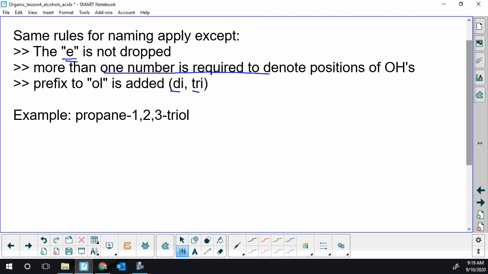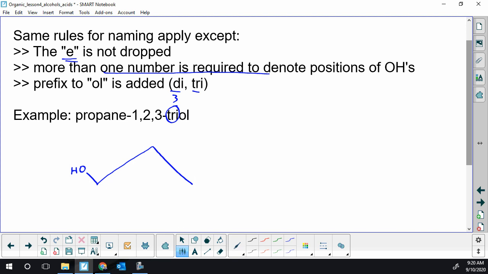I'm going to get out the stem. So prop, 1, 2, 3. And I see the tri, so there's 3 different hydroxyl groups in the 1 position, the 2 position, and the 3 position. So at the very beginning, I'm going to put a bend and put an OH.